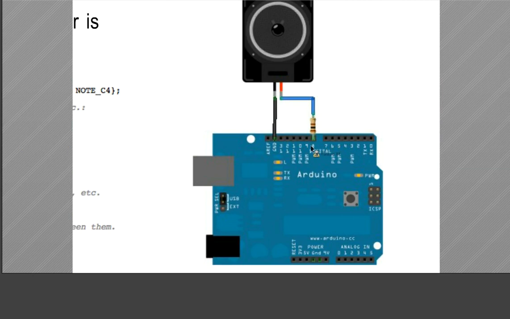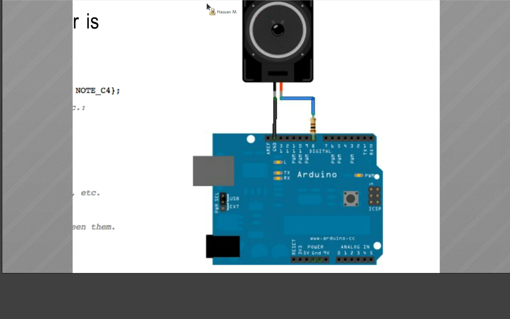For example, you connected pin 8, not PWM support, digital pin 8, to a speaker, okay, inside Arduino. You can use a speaker. For example, from that site, for example, the engineering projects, maybe there.